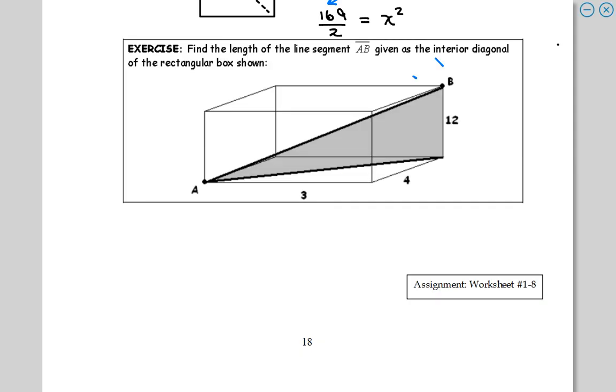Okay, now this one's tough because of 3D visualization. I think your generation might be a bit better than my generation with all the video games nowadays. But you got a 3-dimensional picture on a 2-dimensional page, so try to make sense of this. We want to solve for the length AB, which is the diagonal that goes through the interior of the box.